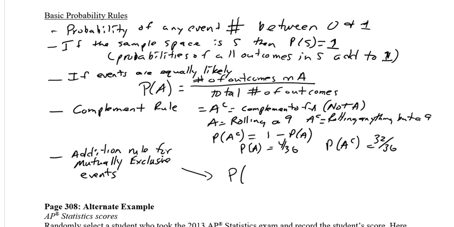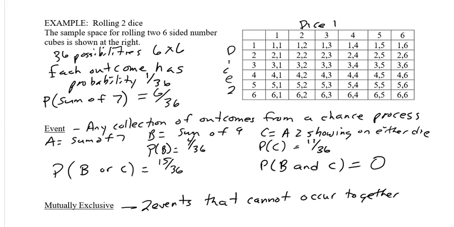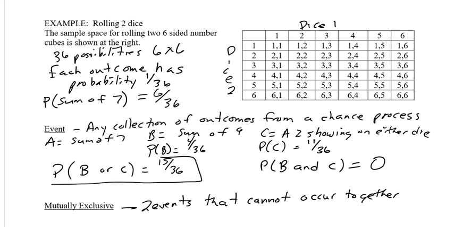If they are mutually exclusive events, we can just add the 2 probabilities together, and that gives us our new probability. We also saw this in dealing with our dice. So if we go back for a minute, we said the probability of B or C right here is 15 over 36. Well, the probability of C was 11 over 36, and the probability of B was 4 over 36. 11 plus 4 is 15 over 36. So we did that before we knew the rule. All right.